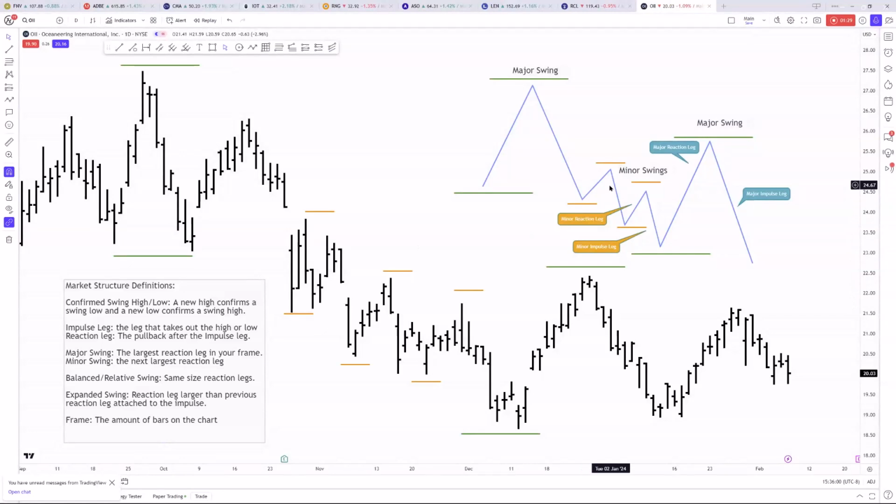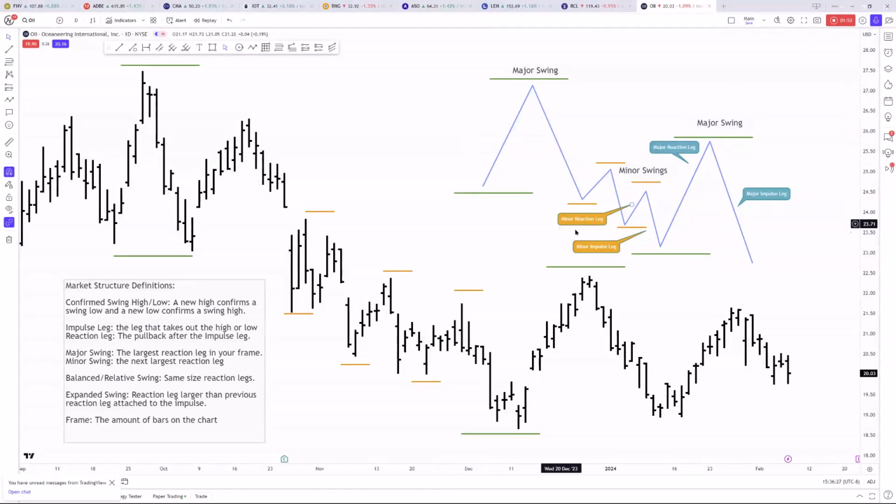That's my definition. And this is a little swing, and it's going to have a minor reaction leg and a minor impulse leg. Just like this big swing is going to have a major reaction leg and a major impulse leg. So we're getting a little more sophisticated in how we're seeing and understanding.